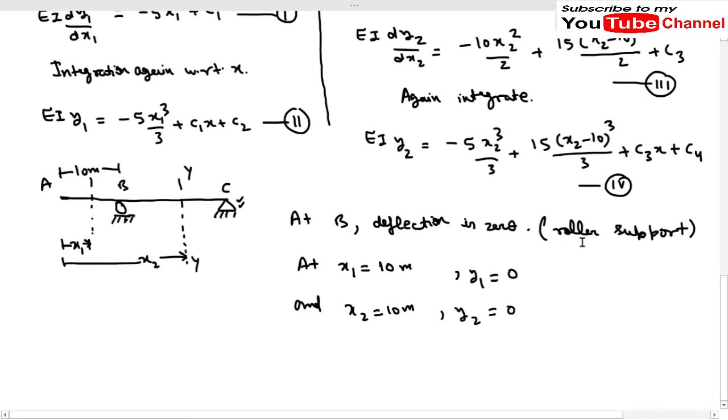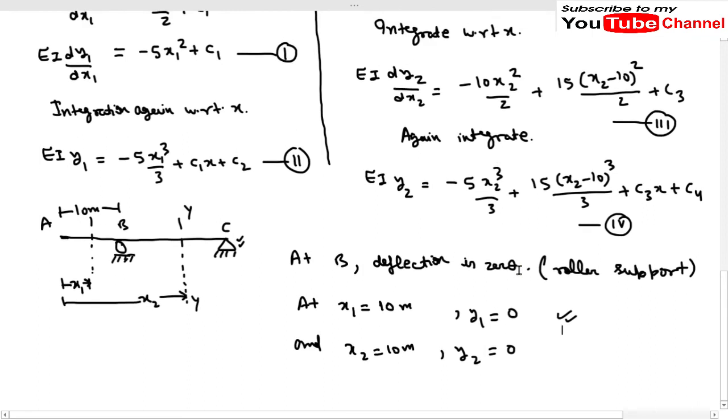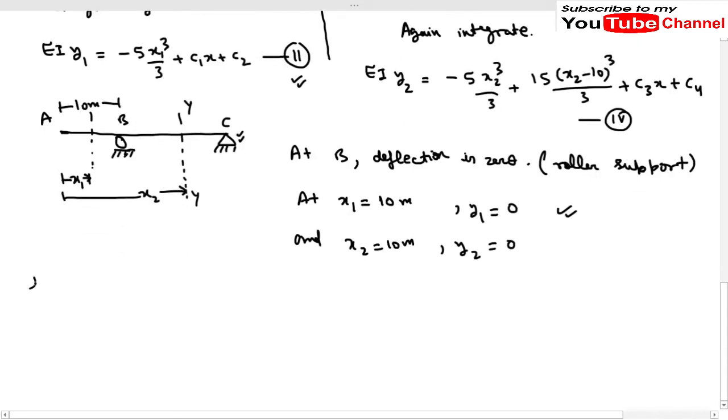First of all, let us use this boundary condition, x1 is 10 meters and y1 is 0. We will use equation number 2, because we are dealing with x1 and y1. From equation number 2, we will have 0 on the left hand side, and on the right hand side we will have 5 into 10 to the power 3 divided by 3 plus 10 C1 plus C2.